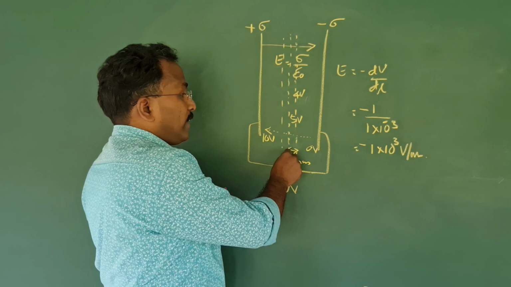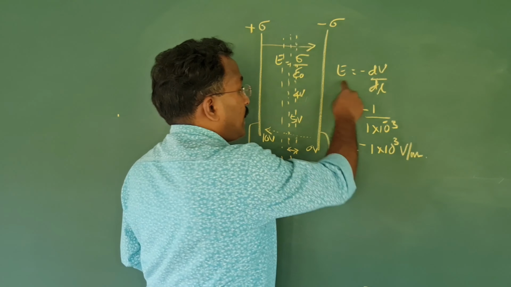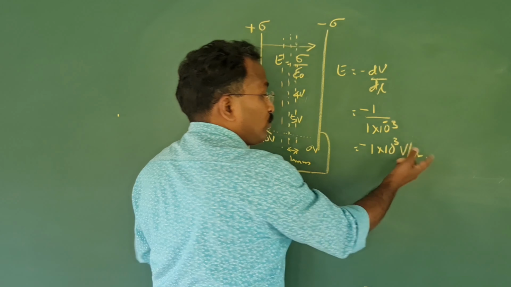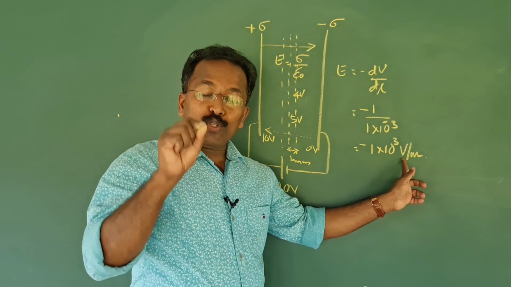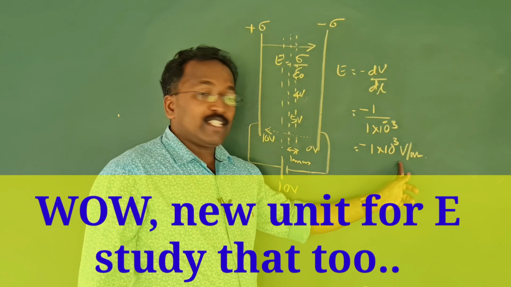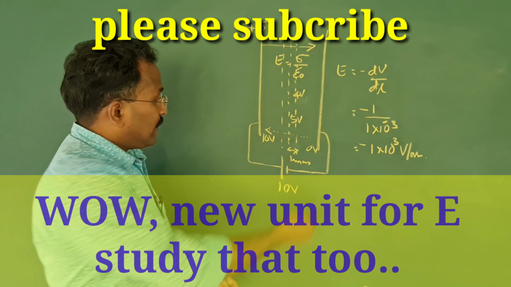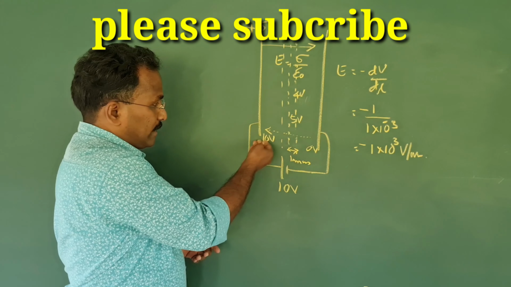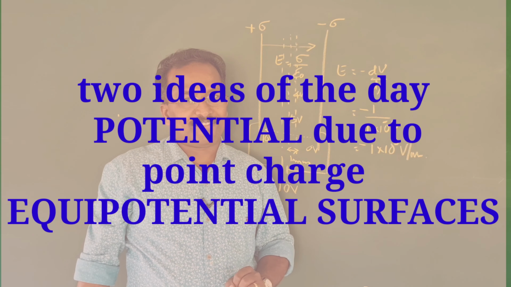So the electric field will be 10 raised to 3 or 1000 volt per meter. So you have a new unit for electric field also, that is volt per meter. And this minus sign indicates that as potential increases this way, electric field is in the opposite direction.